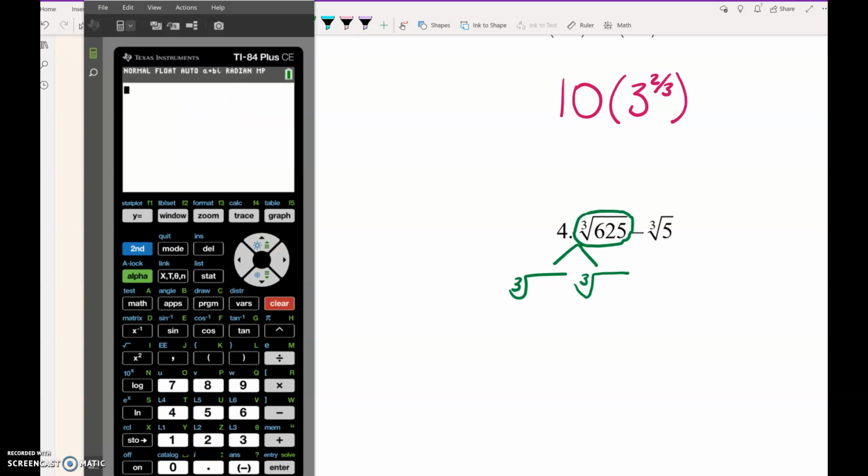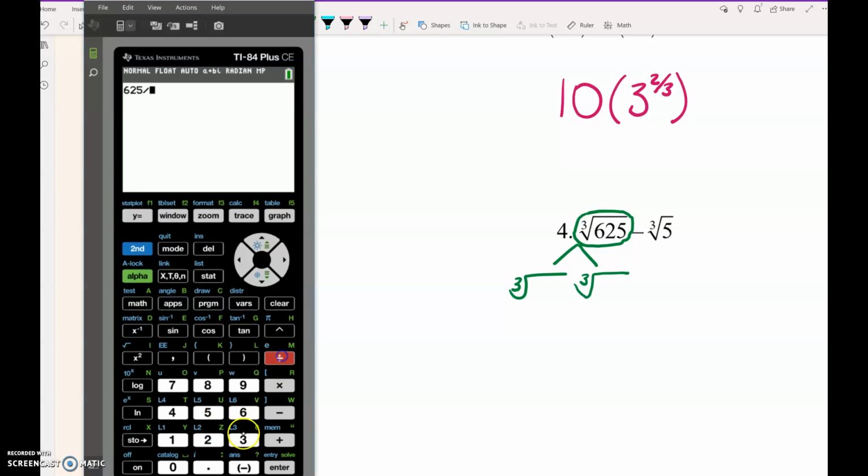Okay, some of you are going to think I'm a little bit silly because you're looking in the thirds column, and there's probably a number in the thirds column that pops out at you as the most likely number. But in case that doesn't describe you, I look in the thirds column, and the biggest number that is smaller than 625 is 512. 512 isn't even half of 625, so that one's not going to work.